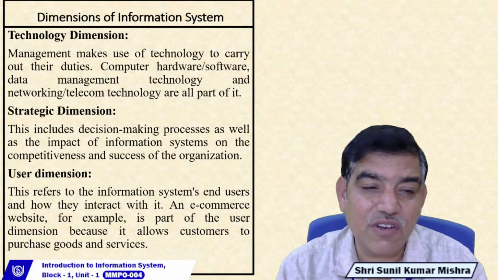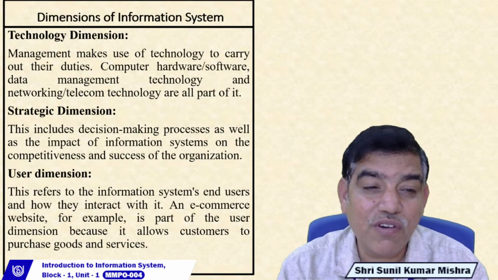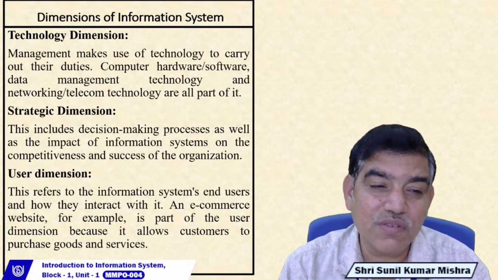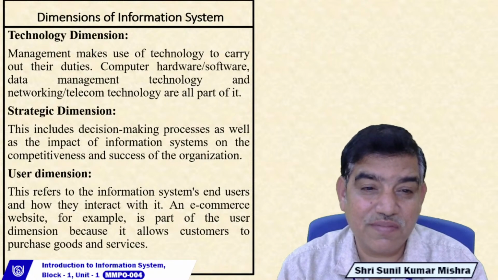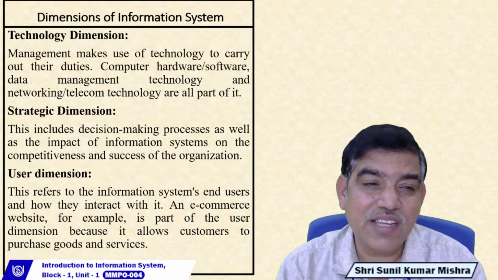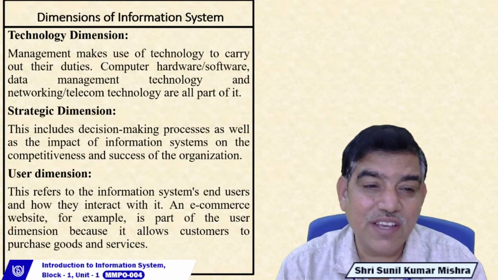If our business is not running smoothly and profitably, why should we go to open a new store? That's why strategic planning is required. Whenever you plan for the long range to run the business organization, at that time, the strategic dimension is very important because it gives the success of the organization.